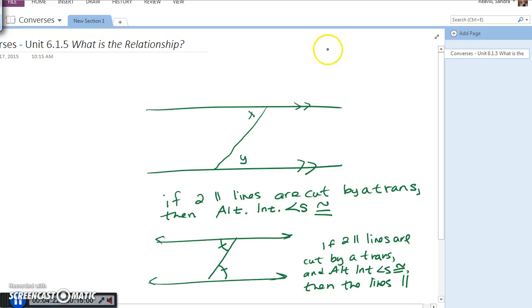So these two conditional statements are converses of each other. The initial statement and the conclusion are switched.